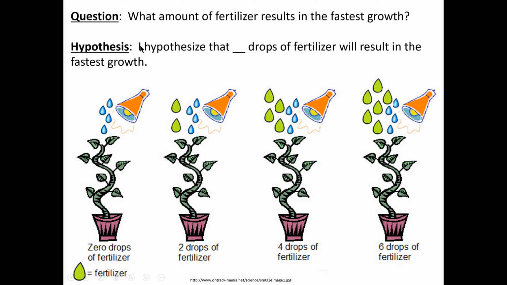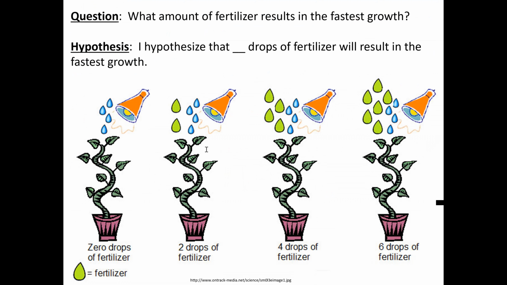So we're going to use this model sentence to help us write out our hypothesis. It's: I hypothesize that blank drops of fertilizer results in the fastest growth. So fill that in with whatever amount of fertilizer you think will actually have the fastest growth.